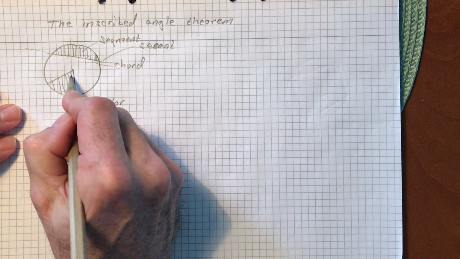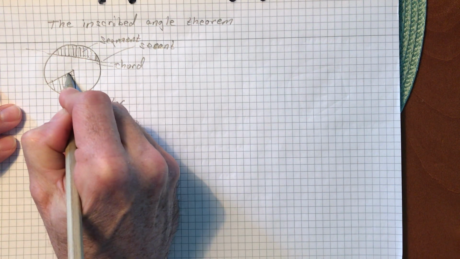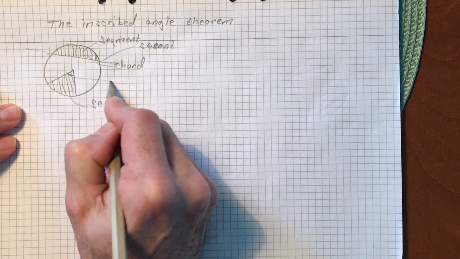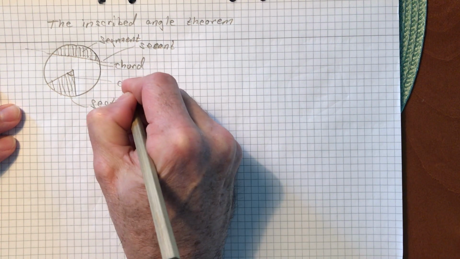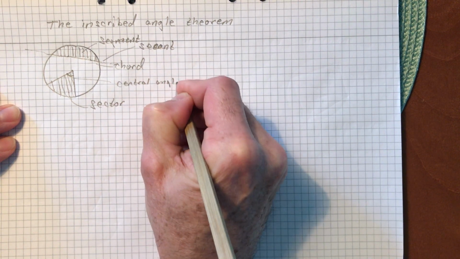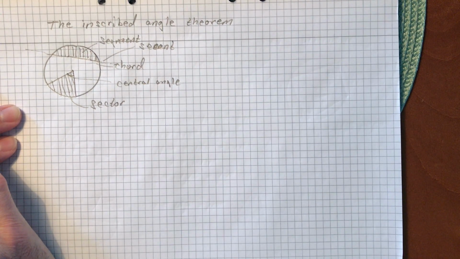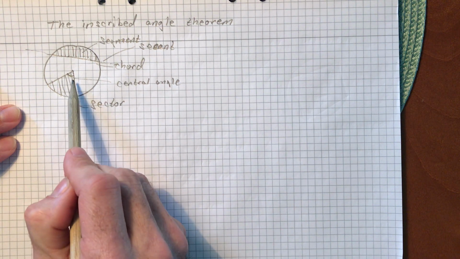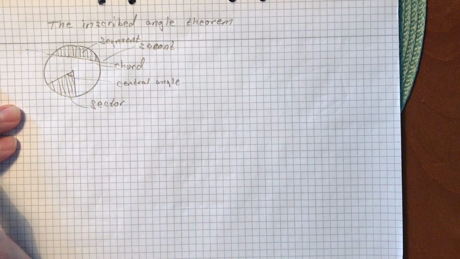Inside this sector we have an angle here, and this angle is called the central angle. In Swedish it's medelpunktsvinkeln.